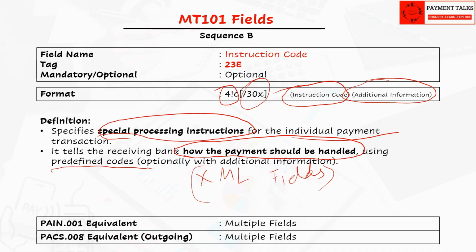In ISO, based on the codes, fields like service level, category purpose code, and instruction for creditor and debtor agents are mapped with information. As said, we shall discuss these mapping patterns separately. For now, you just understand that as there are multiple codes in MT101, PAIN.001 and PACS.008 have multiple equivalent fields.